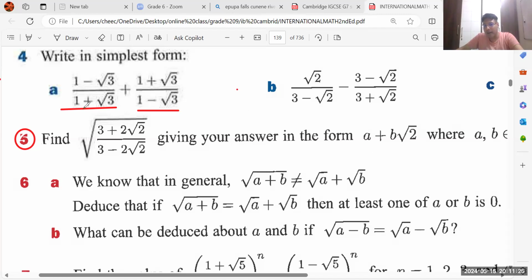Divide by, क्या होगा इन दोनों का प्रोडक्ट? a plus b a minus b. Sir, a square minus b square. Which is what beta? A square minus b square तो है, which is what? -2. -4 is the answer.